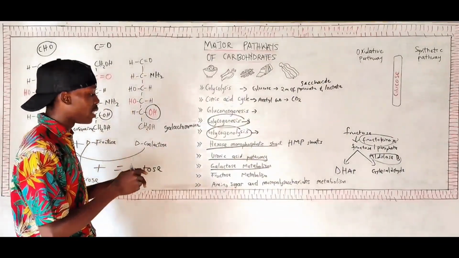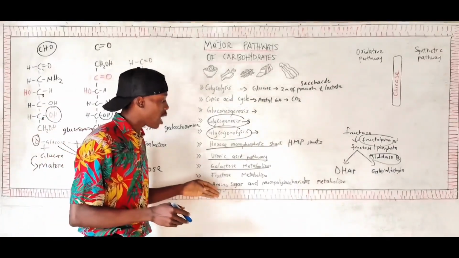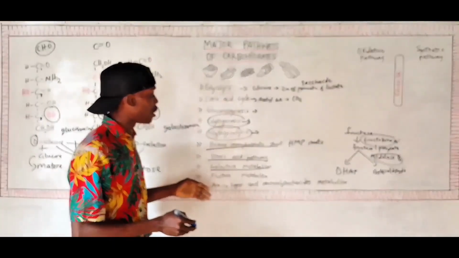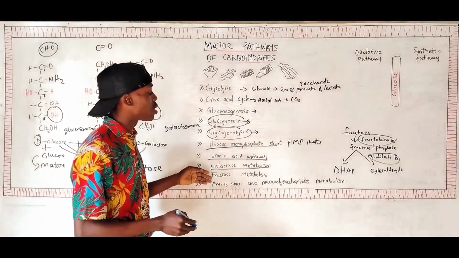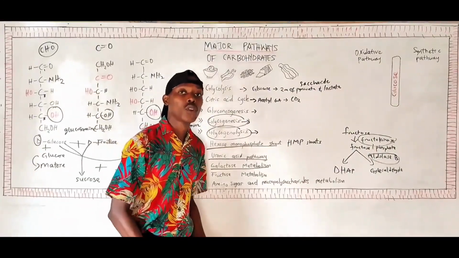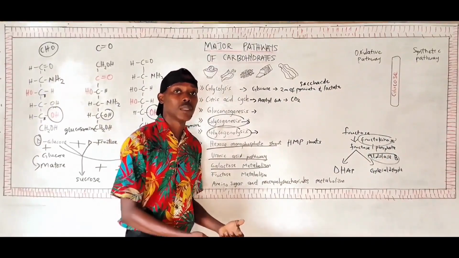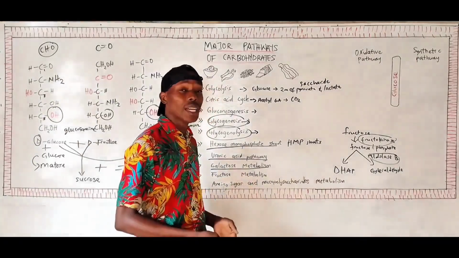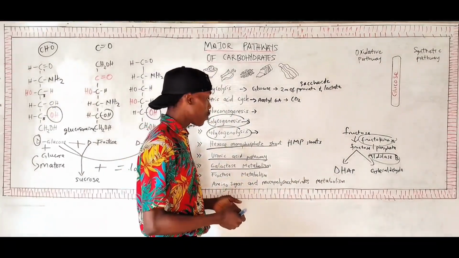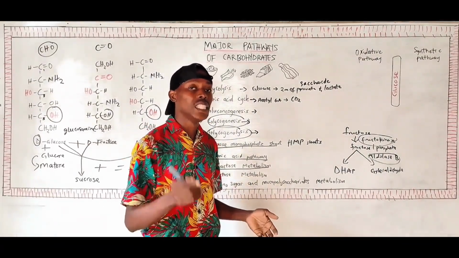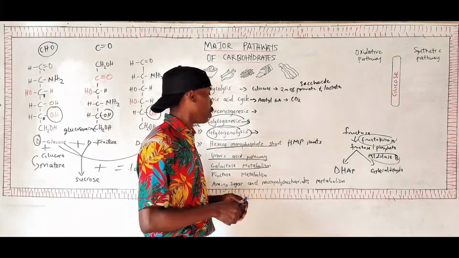So as I said, the amino sugar and mucopolysaccharide metabolism pathway uses amino sugars and other sugars for the formation of mucopolysaccharide. So what are mucopolysaccharides? Mucopolysaccharides are also known as glycosaminoglycans, GAGs.